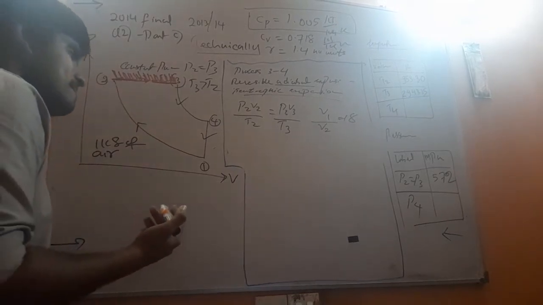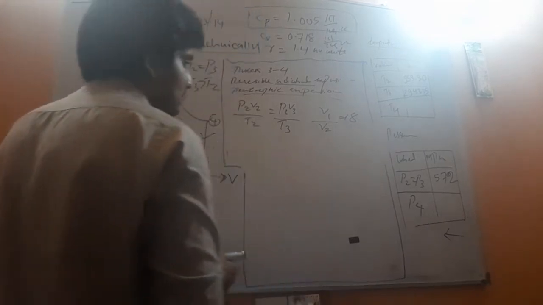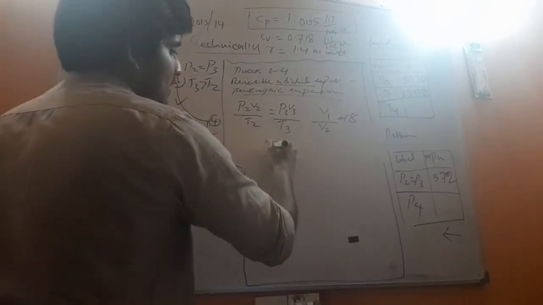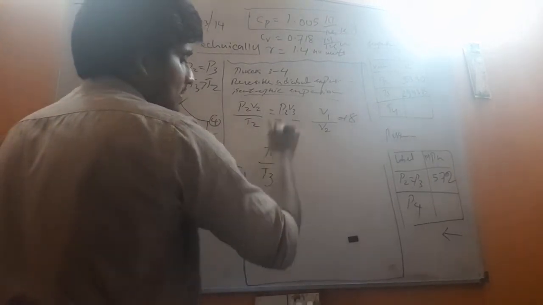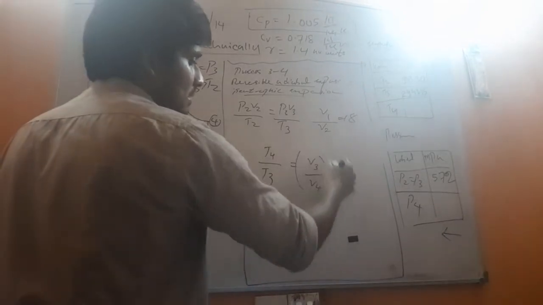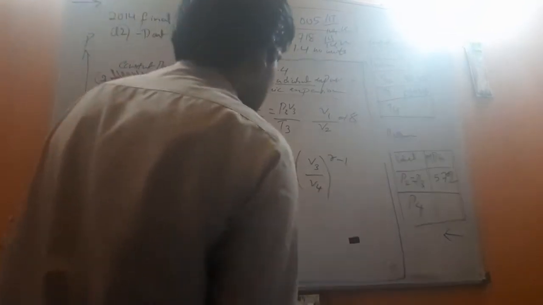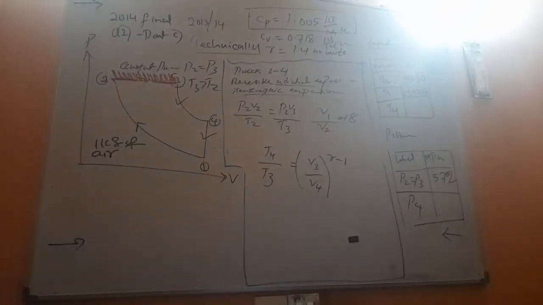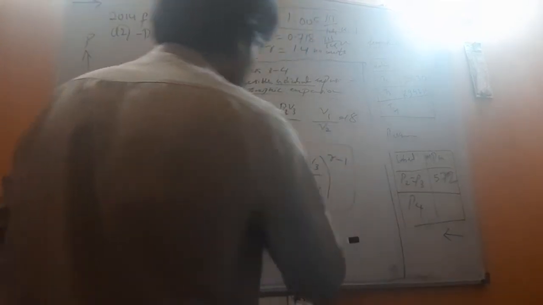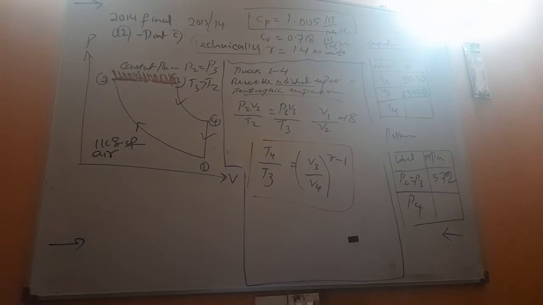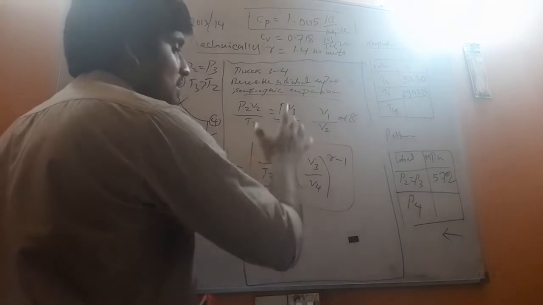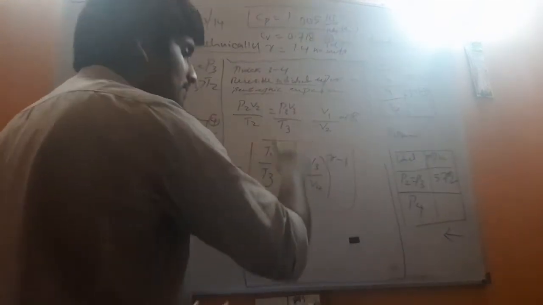Let's say that you are going to use this equation, T4 divided by T3 equals V3 divided by V4 to the power gamma minus 1. But unfortunately you cannot find T4 because you don't know V3 and also you don't know V4.